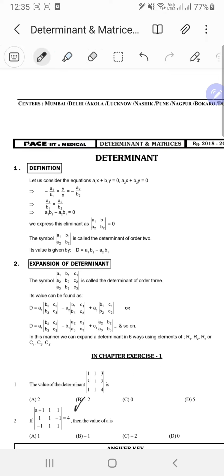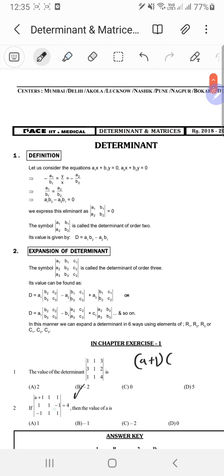If this determinant is 4, then the value of a is, okay, no big deal. So let's just do this thing, a plus 1 into, so 1 minus of minus 1, that would be 2. Okay, then I'll just do it like how they do it. So minus 1 into the down minus up thing, right?